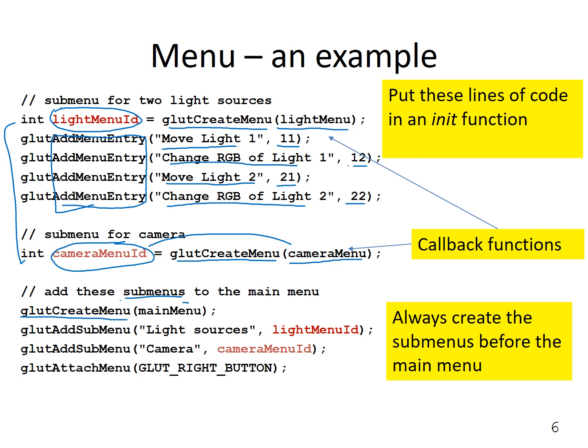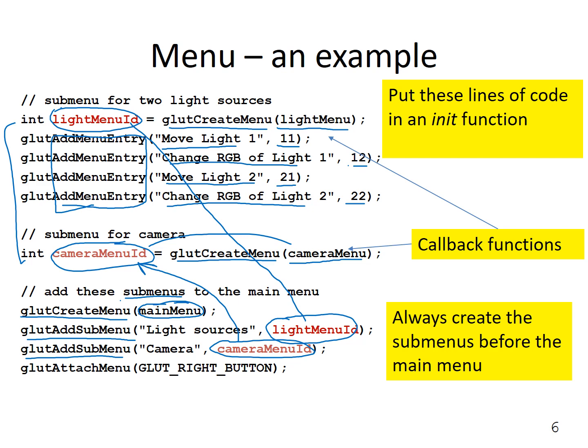We pass the callback function mainMenu to this menu, and then we add a sub menu which is light sources, and this sub menu ID is the same as the ID of the light menu. Then we add another sub menu camera, and the camera menu ID is from here, where we define the camera menu.